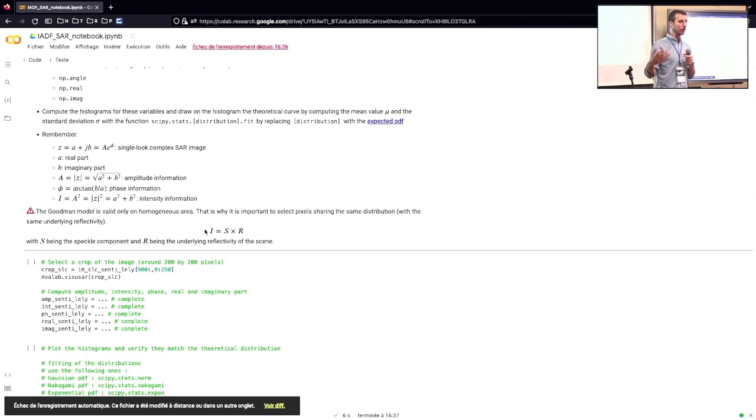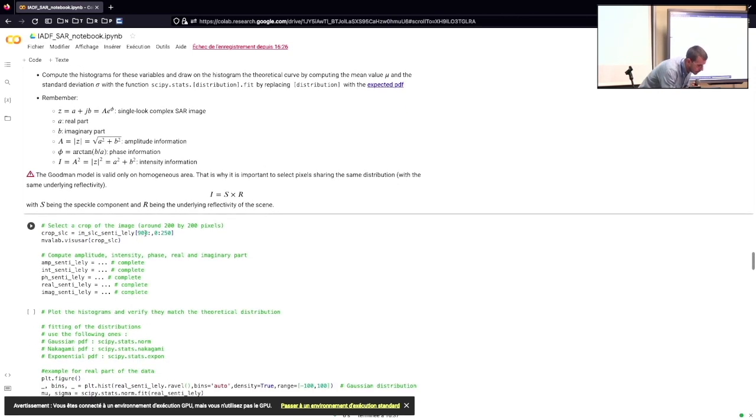It is because of the coherent summation of these elementary contributions that you have differences in phase, and this creates a random walk in the complex plane. So even in a homogeneous area, between two pixels that are side by side, you can have completely different amplitudes because of the difference of phase and the difference of arrangements of the elementary scatterers within the resolution cell.